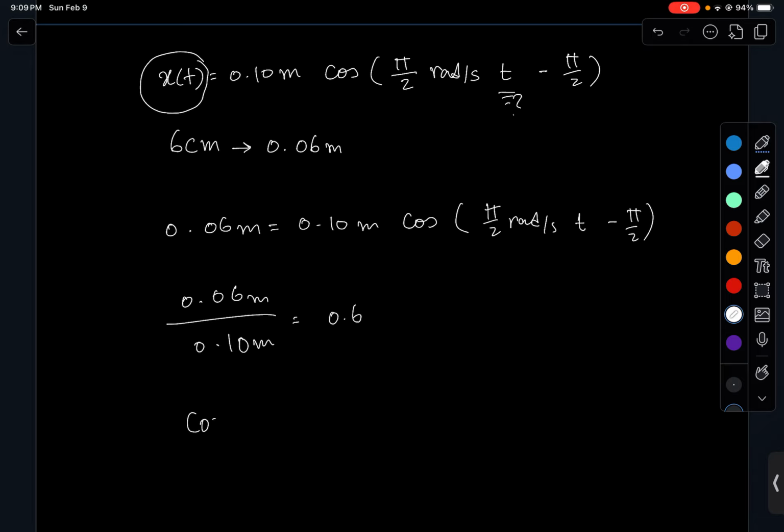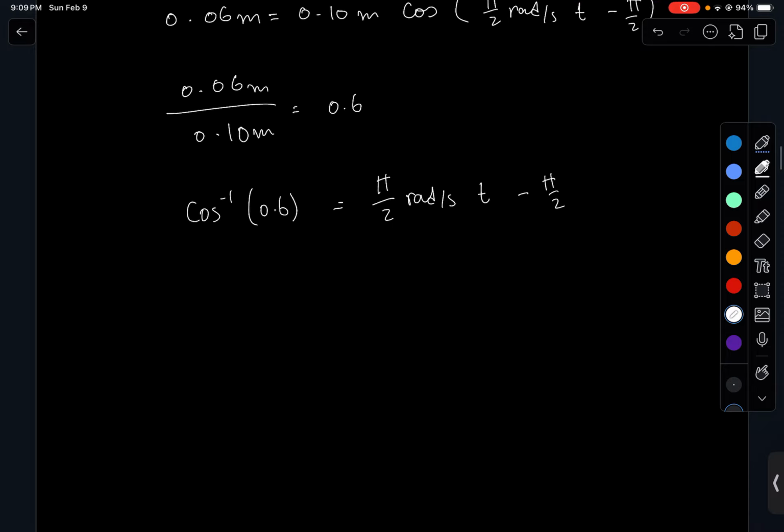It's going to be arc cosine of 0.6 equals pi over 2 rad per second times t minus pi over 2. Arc cosine of 0.6 gives us 0.927.